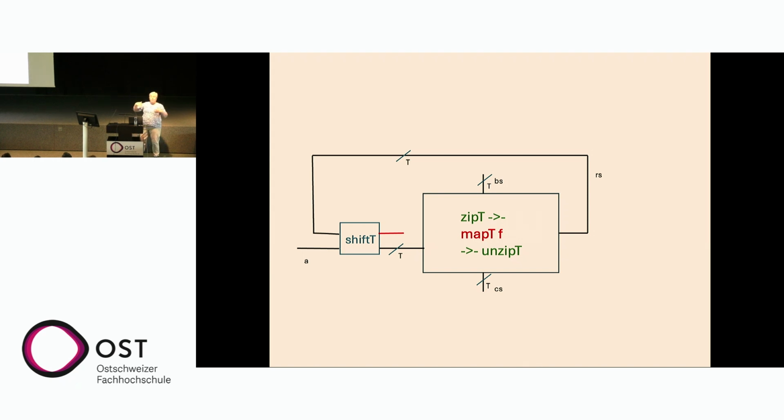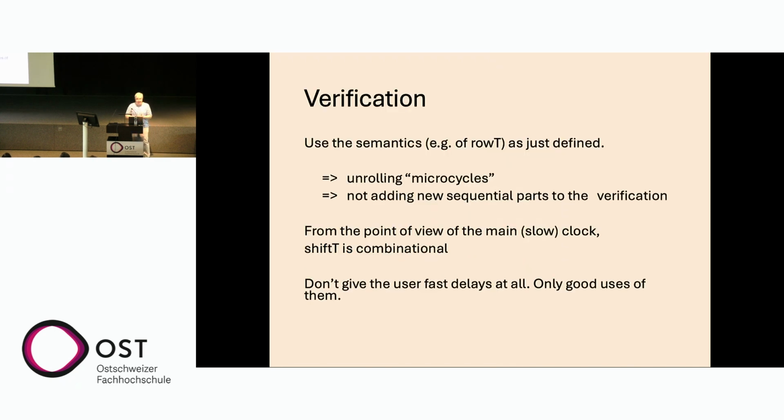But from the point of view of the big time unit, that's a combinational thing. So now we can reason about fancy sequential behavior as though it was combinational, and that's a good thing. Okay. So the verification is going to be just unrolling those microcycles, and it all works because we know the sizes of things. So this is a nice use of size types. The pesky dependent types appeared.